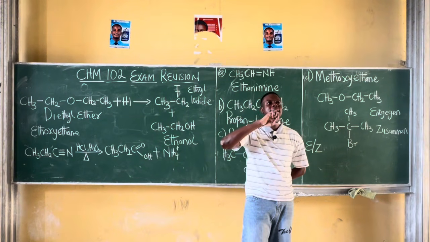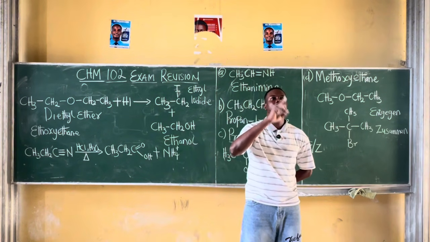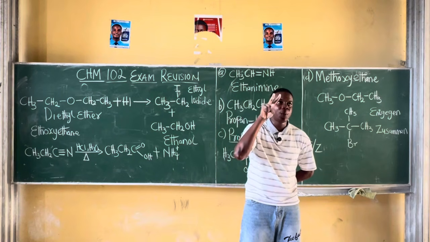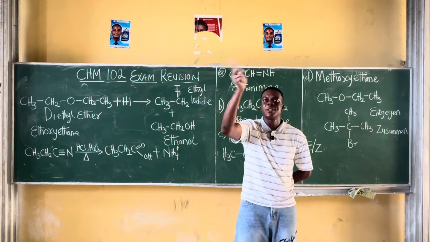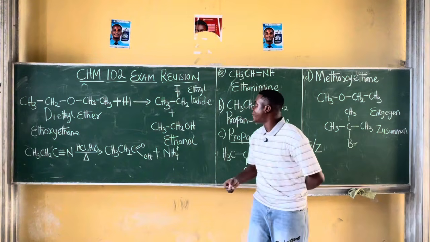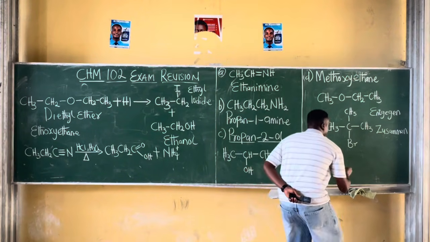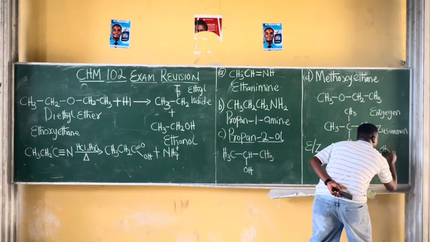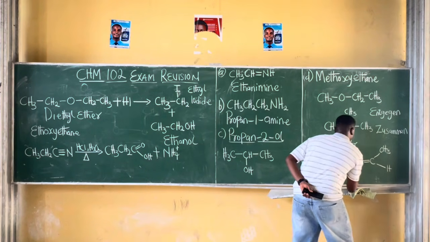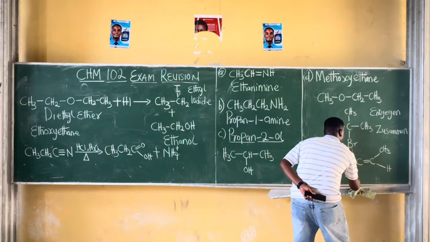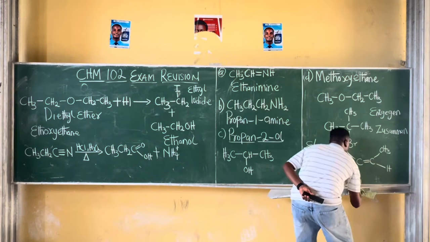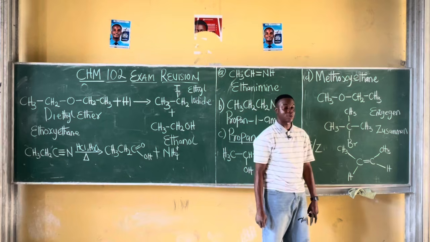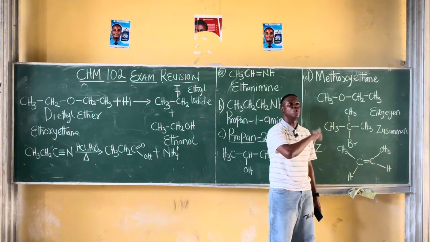Now, we use cis and trans when we have the same group either on the same side or on opposite sides. For instance, if we have something like this, you can see the name of this compound is, sorry, cis-2-butene.